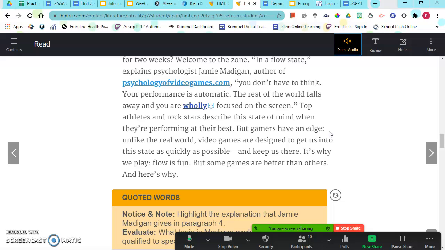Top athletes and rock stars describe this state of mind when they're performing at their best. But gamers have an edge. Unlike the real world, video games are designed to get us into this state as quickly as possible and keep us there. It's why we play. Flow is fun. But some games are better than others, and here's why.